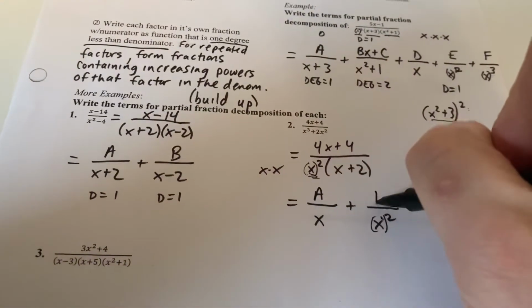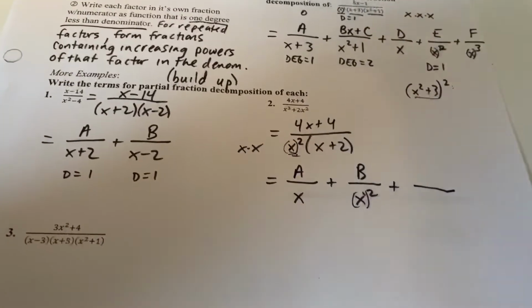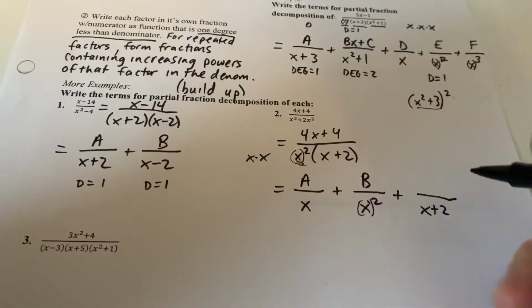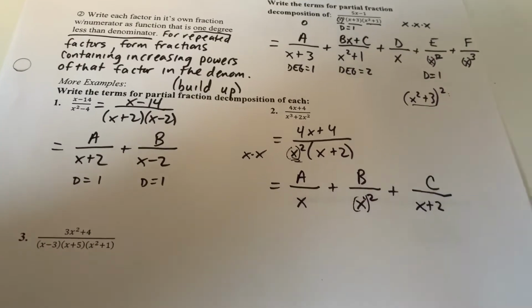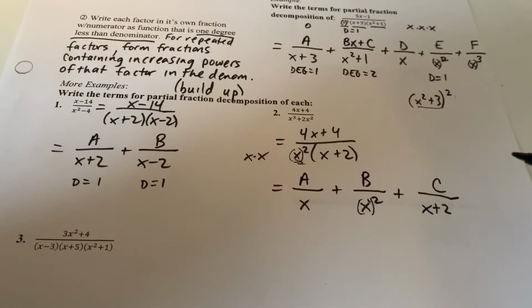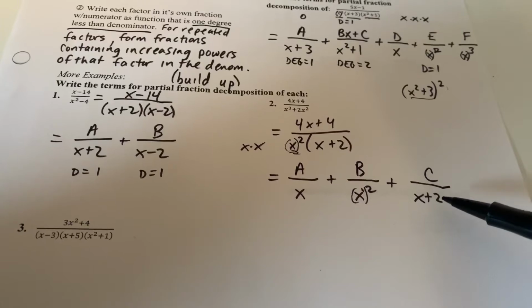So we'll call those A and B, and then we need to use the factor of x plus 2, and that's degree 1, so we're going to have degree 0 on top, and that would be C. So we're going to have A over x plus B over x squared plus C over x plus 2.